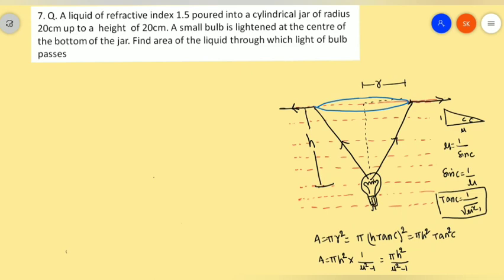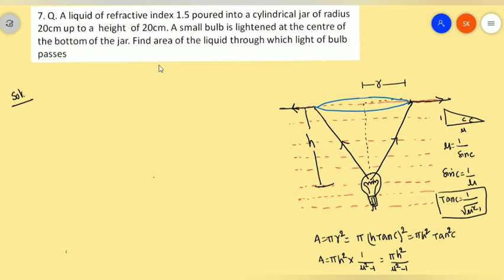Here you see a liquid of refractive index 1.5 poured into a cylindrical jar of radius 20 centimeters, up to a height of 20 centimeters. A small bulb is lighted at the center of the bottom of the jar. Find the area of the liquid surface through which the light from the bulb passes. You see here this picture, this is a jar.